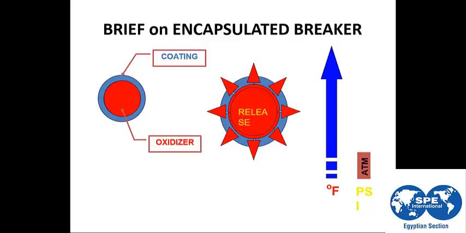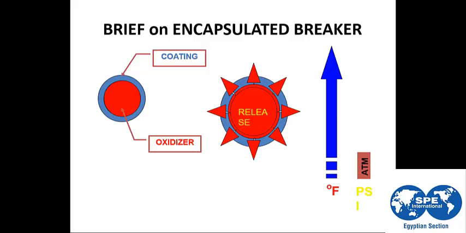To solve this problem, the encapsulated breaker is introduced as a new technology that uses a coating material. This coating material breaks, and the oxidizer comes out of this coating once the fracture is closed.